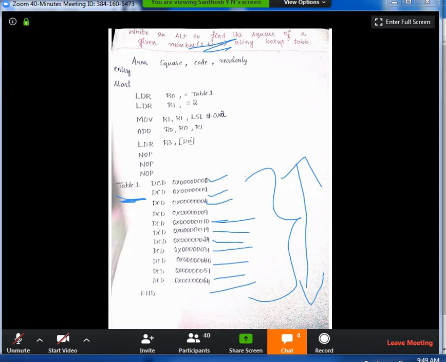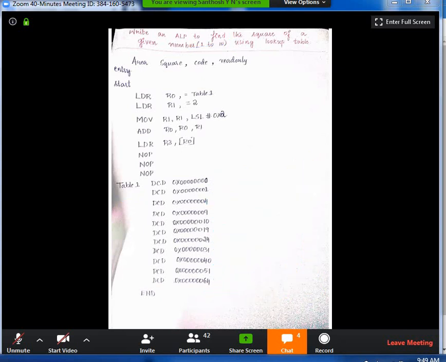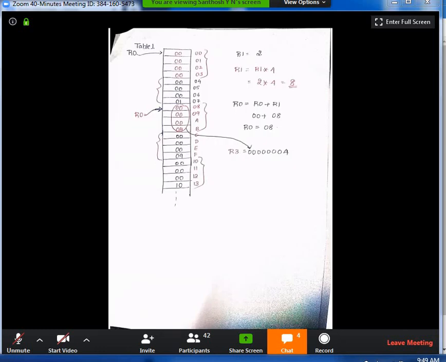I hope you have understood what is meant by a lookup table and how you have to write the data into the lookup table. Now how it will be stored in the memory location. Since I have written this lookup table, I'll tell you how it will be stored in the memory location. See here, this is how it is stored in the memory location.